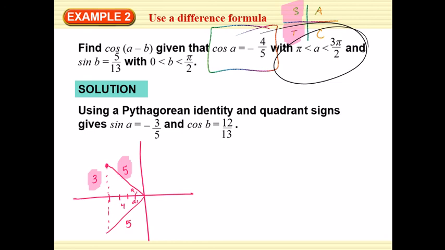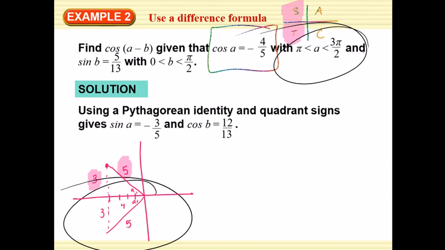It said it's between pi and 3/2 pi, so that means I'm only talking about this third quadrant. In this case, my third side is actually going to be a value of 3 again. Sorry, I wrote a -3 in there. It's still 3. The length is 3, but it is in that third quadrant.